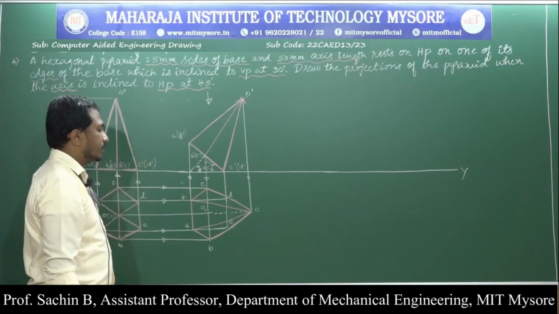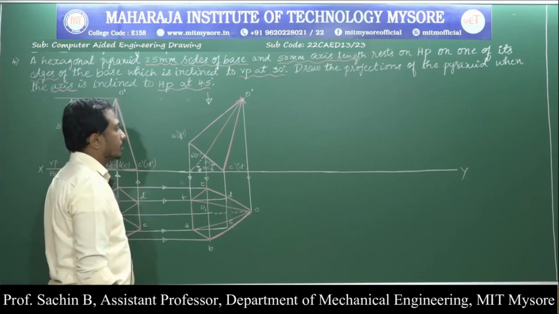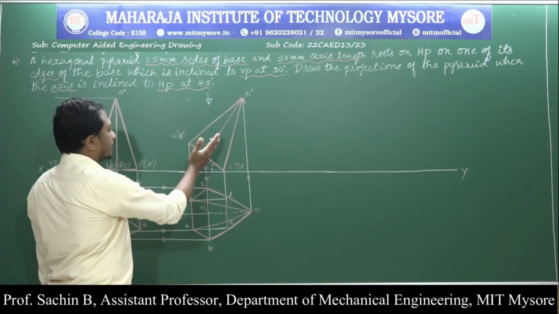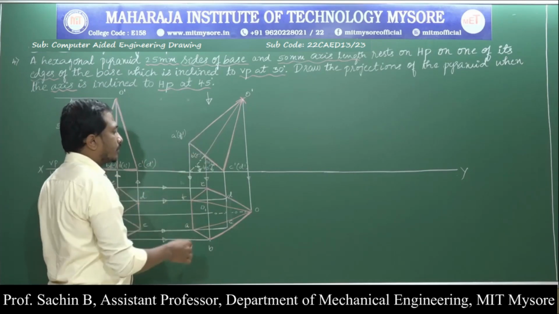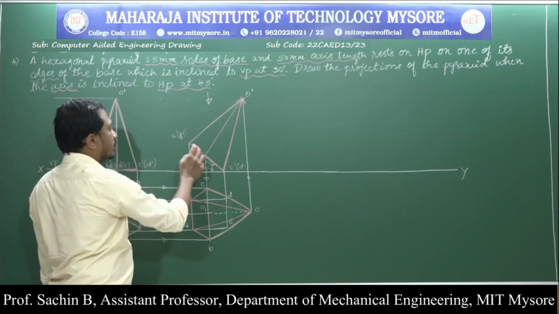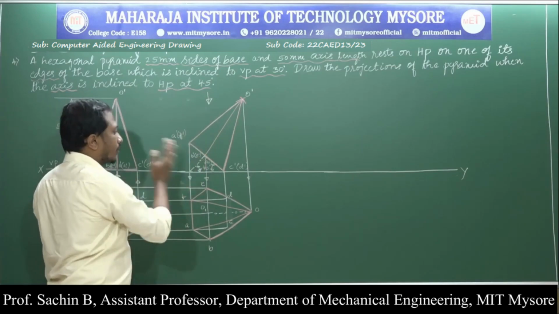Next I will go for the second concept, that is nothing but above the axis is visible. According to it, if I draw the projection lines, the visible lines above the axis, O dash to B dash, O dash to E dash, O dash to A dash, and O dash to F dash are above the axis.